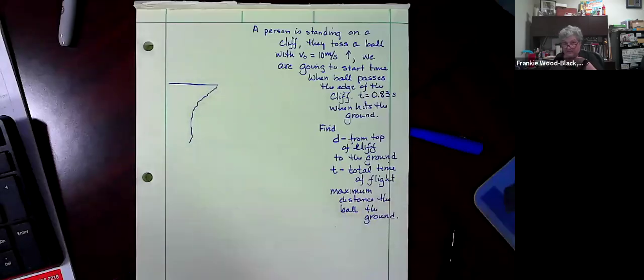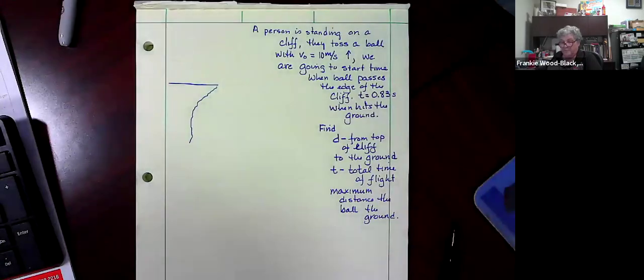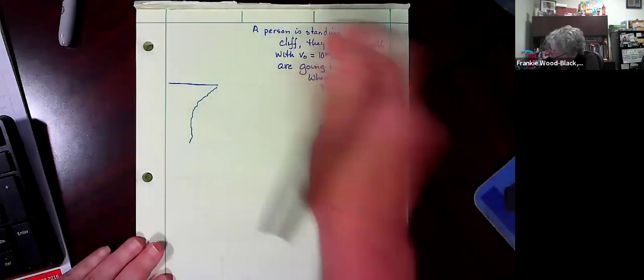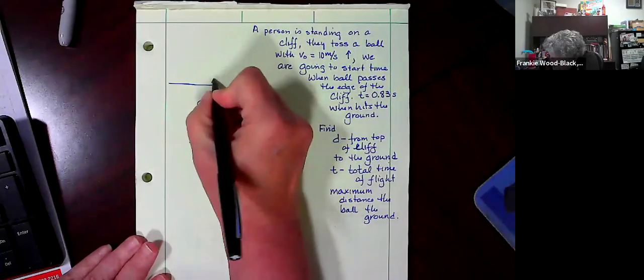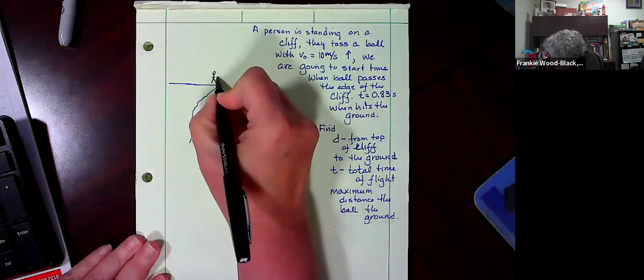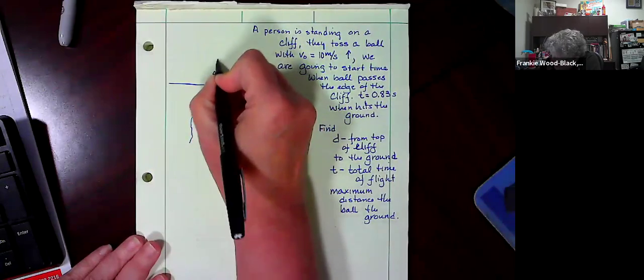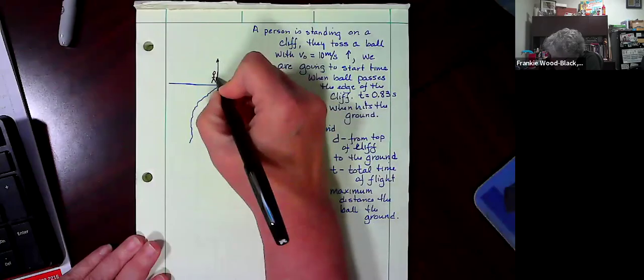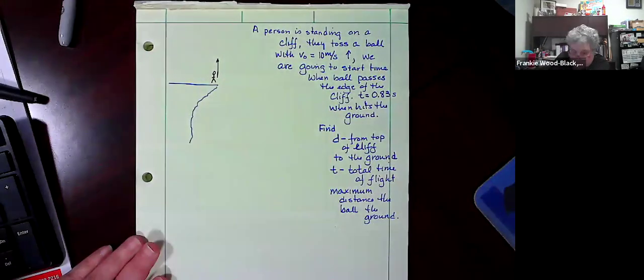Okay, so I tried to write out the question so that you have the whole question there to work out. What's intended here is we have our person. The person's going to toss the ball upward. I'm going to use a red pen here.